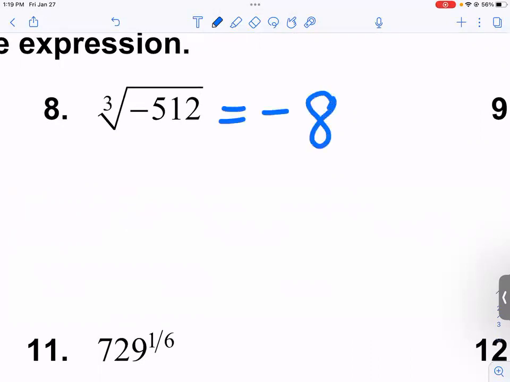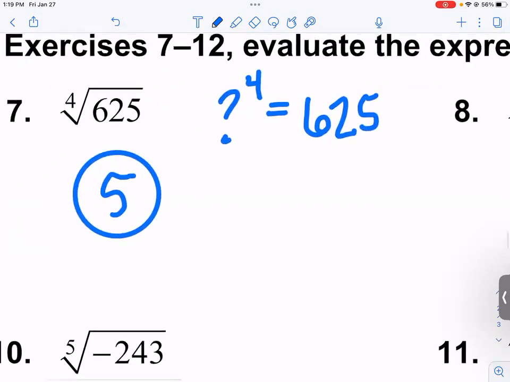Why does it need to be negative 8, Sophia? Since there's a negative underneath, we need the negative. Now, how come over here I only put 5? They're both positive. It is an even root.